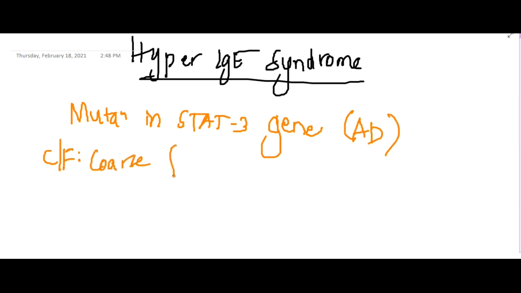with coarse faces and a prominent forehead, and the patient will actually look something like this.